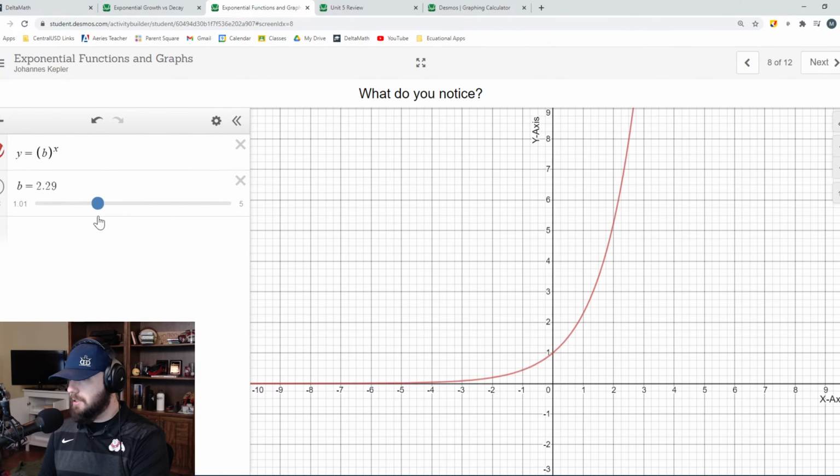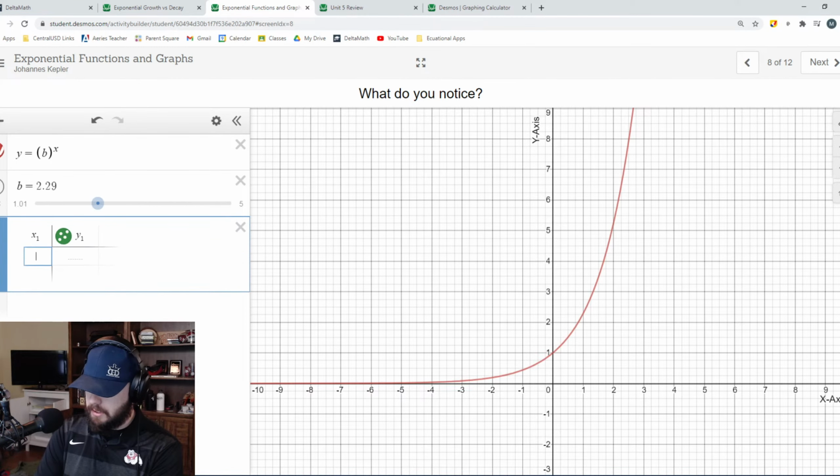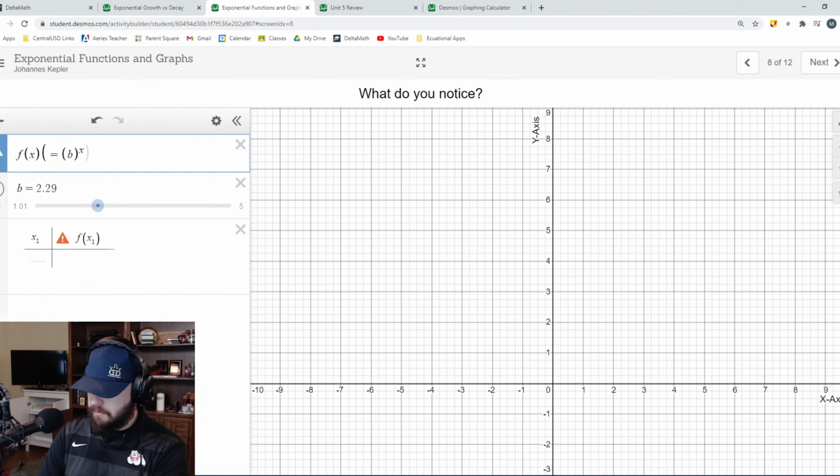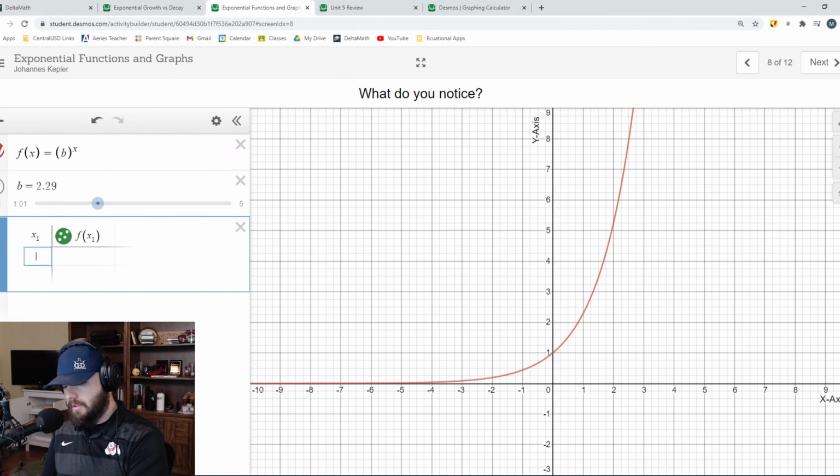But as I'm changing this, let's create a table here. I want to do f(x). We're going to change this to f(x), make this a function now. So 0, 1, 2, 3.